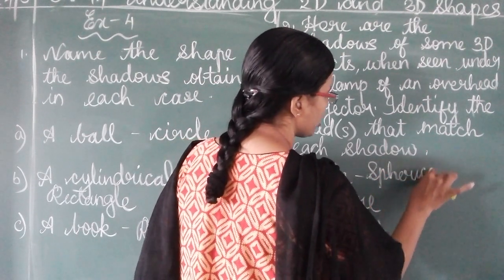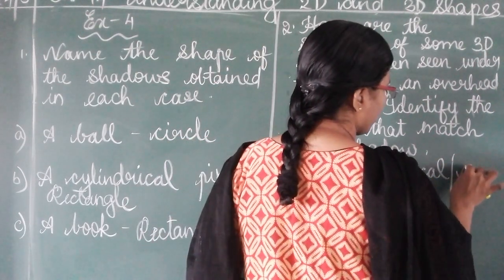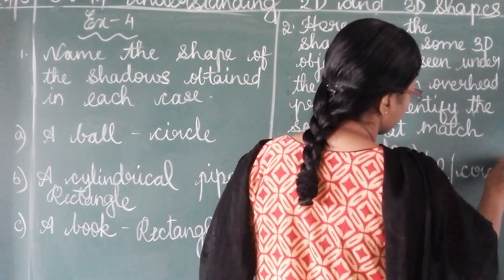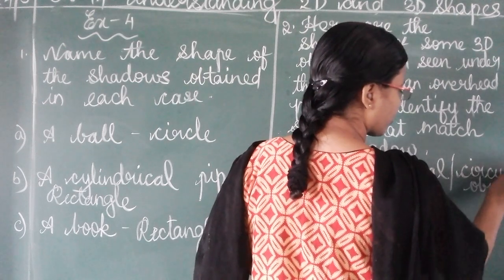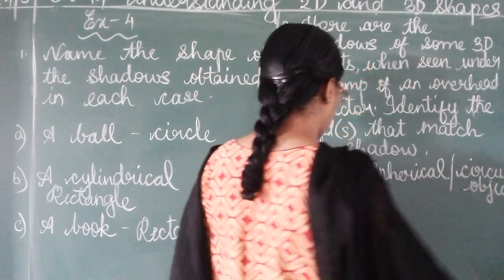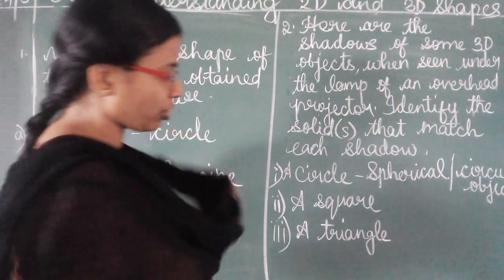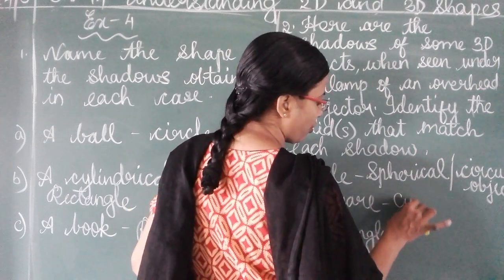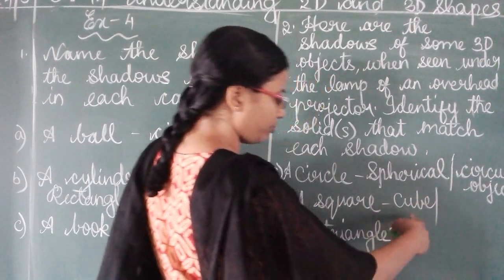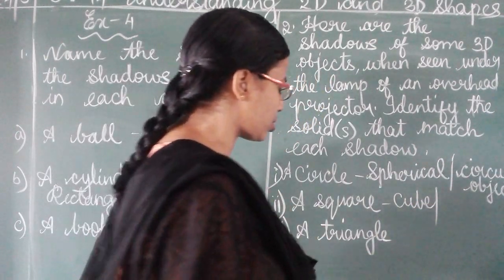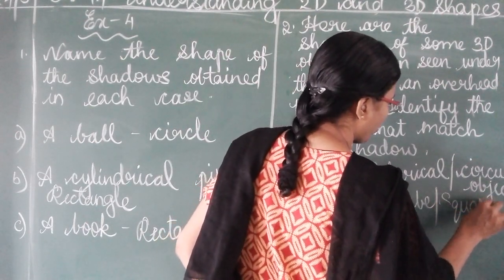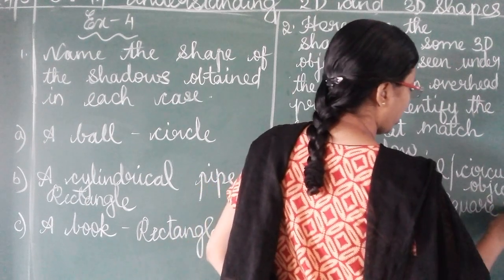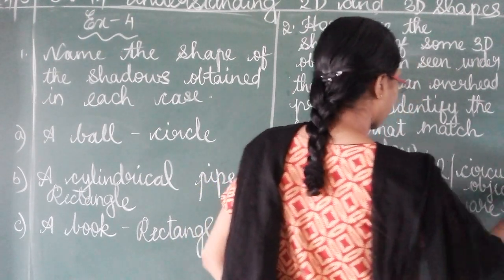Spherical or circular objects. For a square, a cube or square sheet, that is going to be the shadow. When you take a cube, you saw that it is a square. Cube or square sheet.